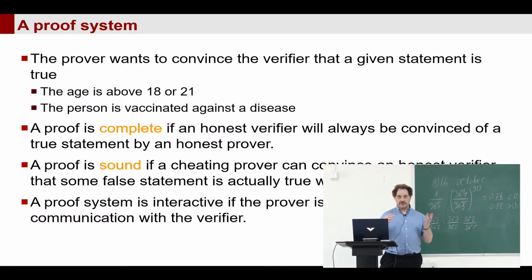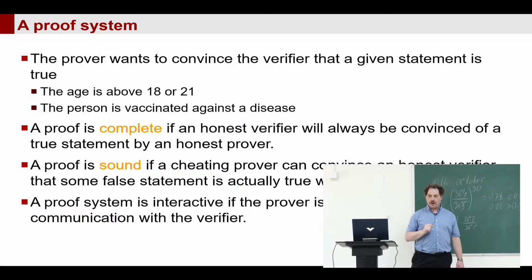Now, what is a zero-knowledge proof? First of all, what's a proof system? Suppose the prover wants to convince the verifier that a given statement is true. For example, I want to buy alcohol in a store. I need to provide the proof of age, right?